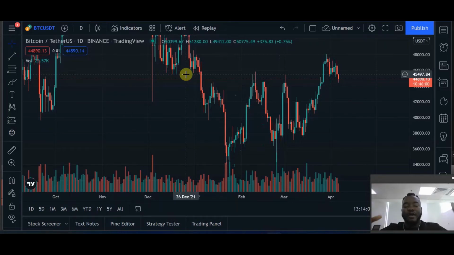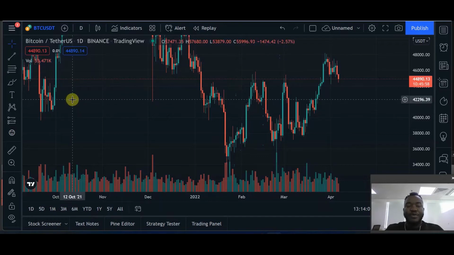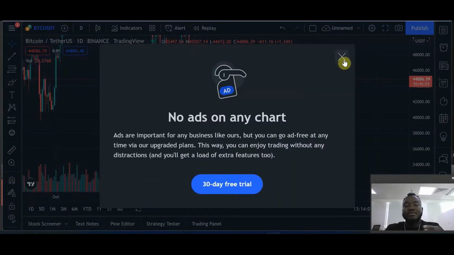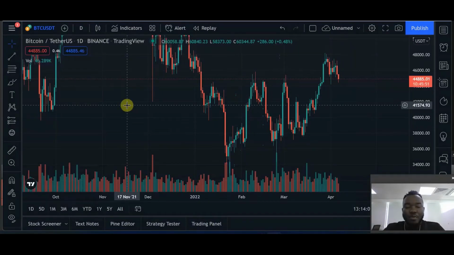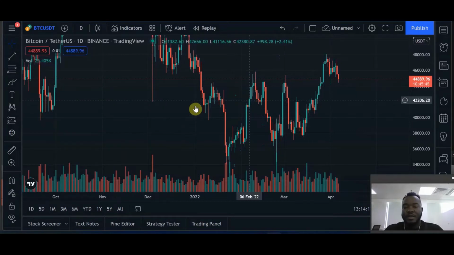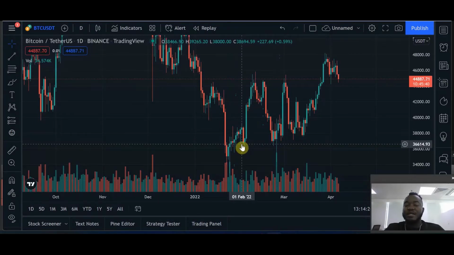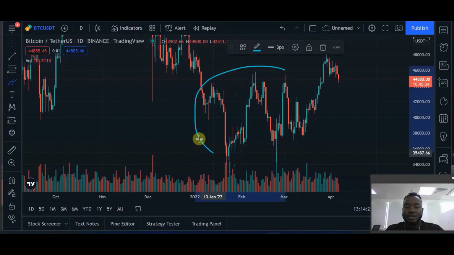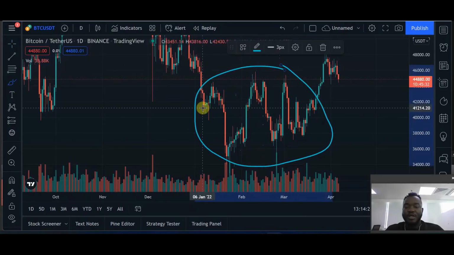Let's assume we have a dump and we have a pump. That point where the dump will change to a pump is what we are trying to identify using the POI strategy. Now let's use this example. Let me use this area as an example for you all. Look here, I want to use this area as an example.